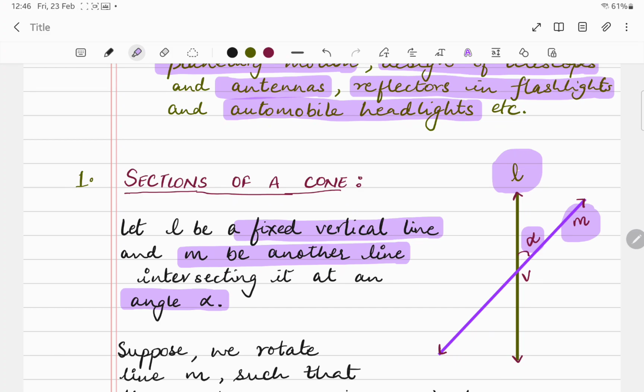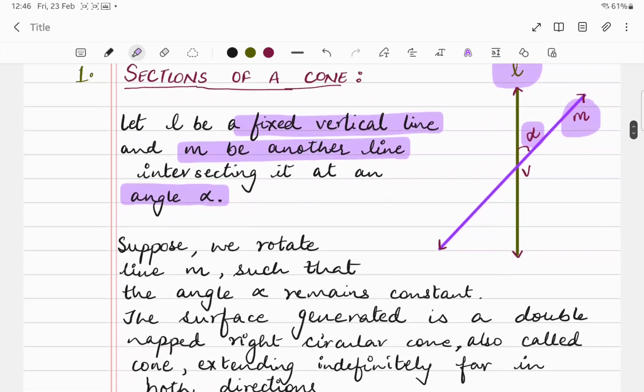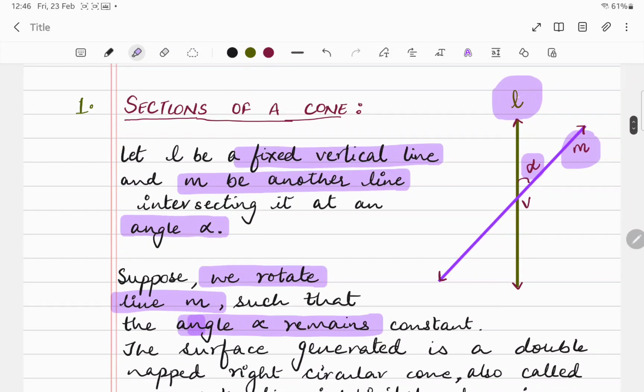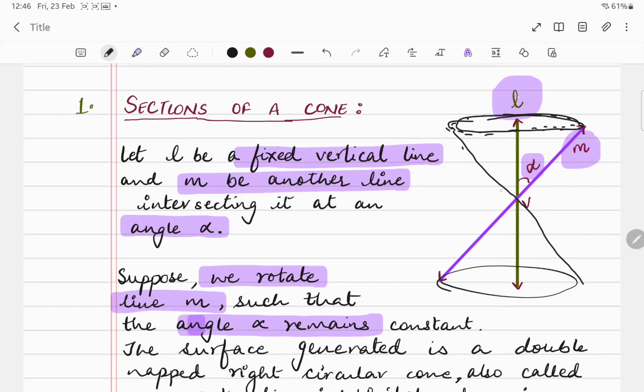When we have these three things ready, we rotate the line M such that the angle alpha remains constant. So we are rotating M this way, and it will be rotating this way as well, so the angle alpha remains constant everywhere.